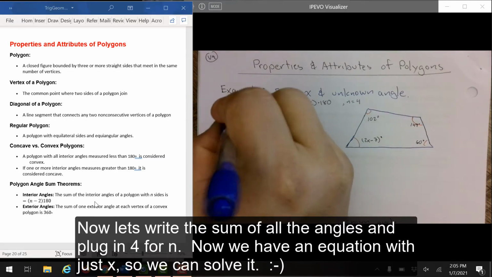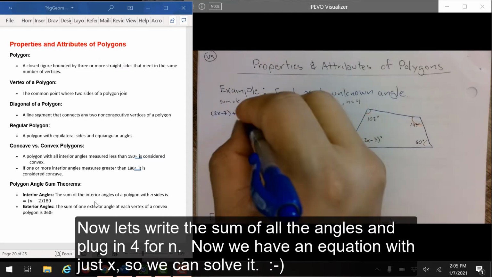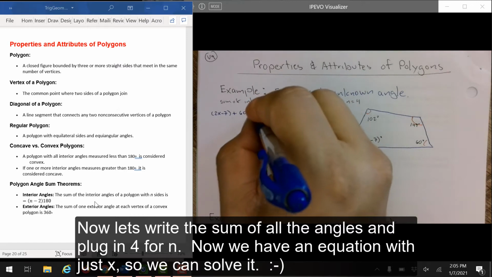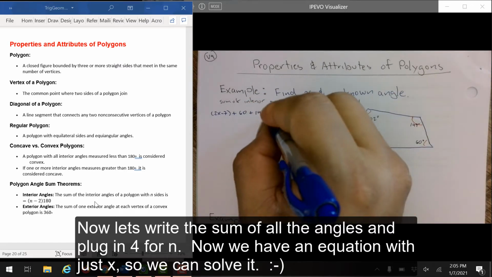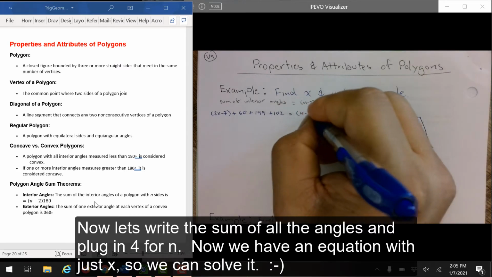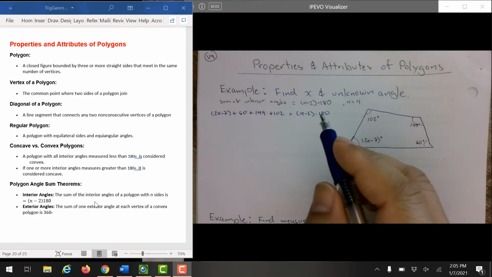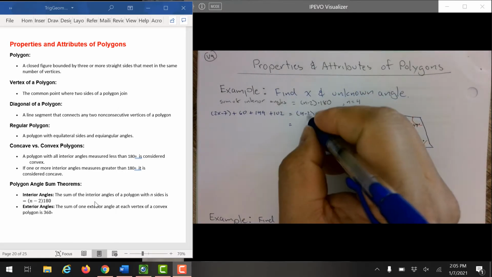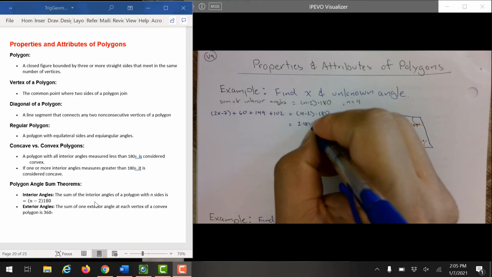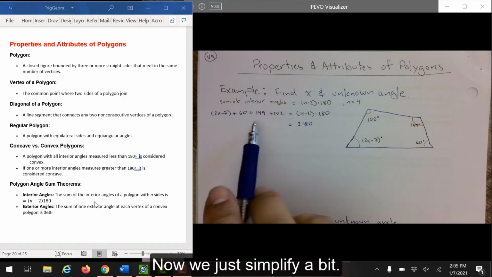Now let's write the sum of all the angles and plug in 4 for n. Now we have an equation with just x, so we can solve it. Now we just simplify a bit.